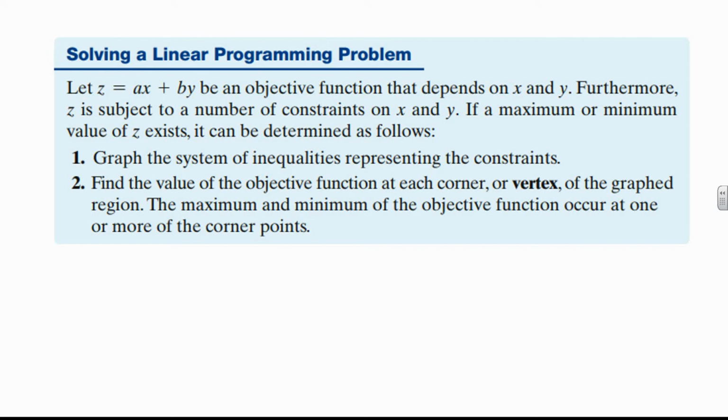That means for the region that you end up with as the solution, that cross section, take all those vertices, those boundary points, and put those values into Z, because this objective function is Z. Whichever number gives you the biggest, that's your max. Whichever gives you the smallest, that's your minimum. If they ask for the maximum, you report the largest value. If they ask for the minimum, you report the smallest value.